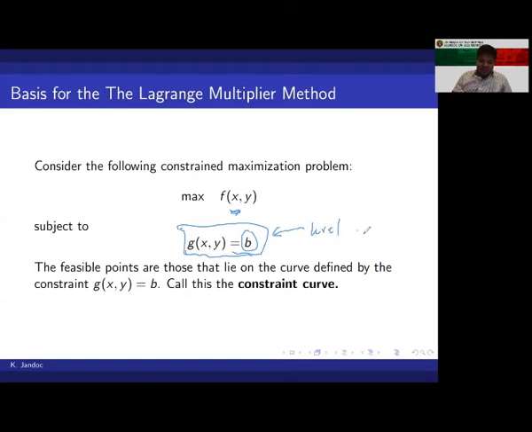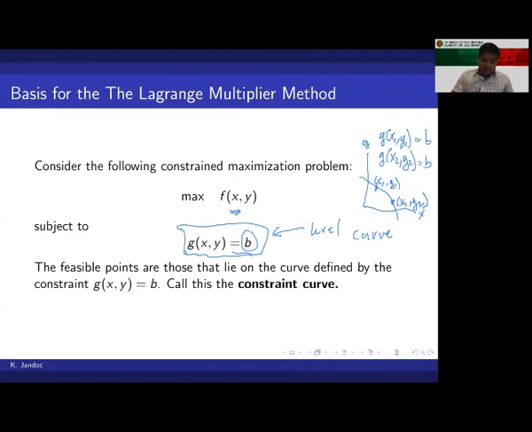For example, you have a function like this, such that all combinations of x and y, so this is x, this is y, this one is x1, y1, this is x2, y2. All these combinations, once plugged into the function, so g of x1, y1 is equal to a number b, and g of x2, y2 is equal to the number b.